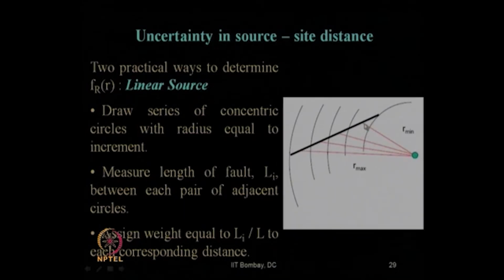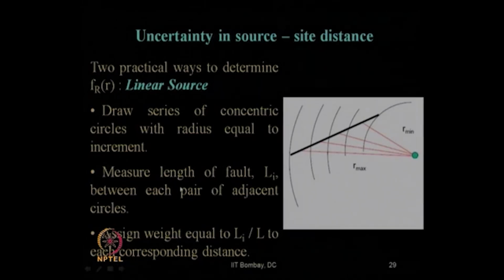Now, for each of the subdivided zones, you choose the center of the zone, like this is the center of this zone, this is the center of this zone, and so on. From each center point of the subdivided source to the site, you find the distance. So, this is one distance, another distance, another distance. Among them, one is minimum, one is maximum, and others are in between.